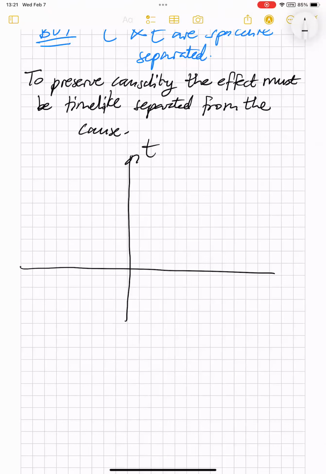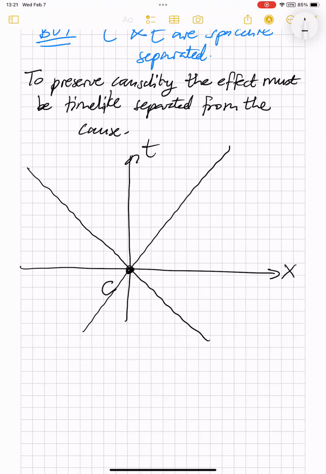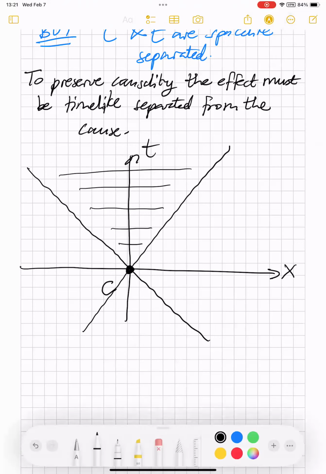So maybe just to labor the point, if this is t and that's x, let's say this is where the cause happens. Here are the world lines of light. The only place where you can have an effect is somewhere between these two lines. It must be time-like separated from C. In particular, you cannot have any effect happening in this region.